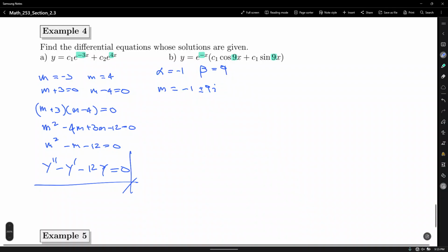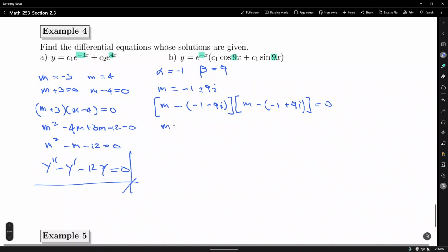This is the same as saying m minus (-1 minus 9i) on the one hand, times m minus (-1 plus 9i), and let that be equal to 0. All right? Let me clear the parentheses inside each group of brackets.